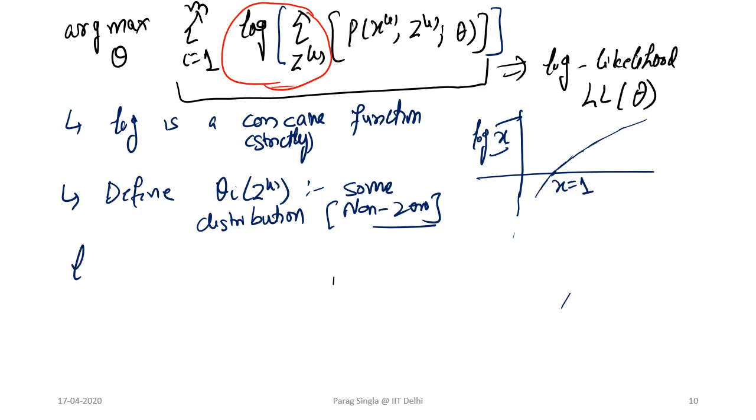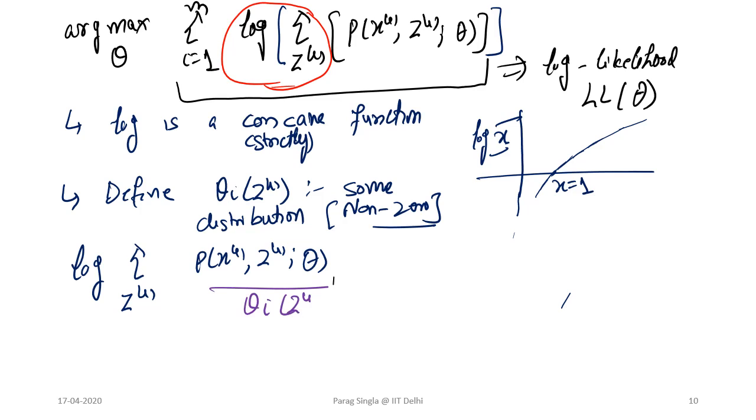And then let us look at this expression, which is log of sum over zi, p of xi, zi parameterized by theta. What we are going to do is divide and multiply this expression by qi zi.